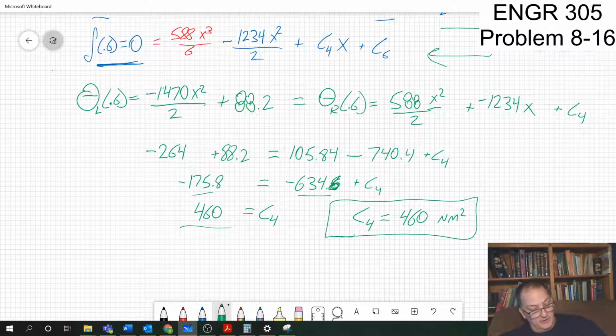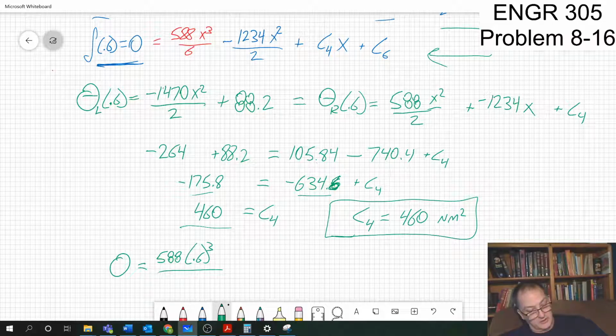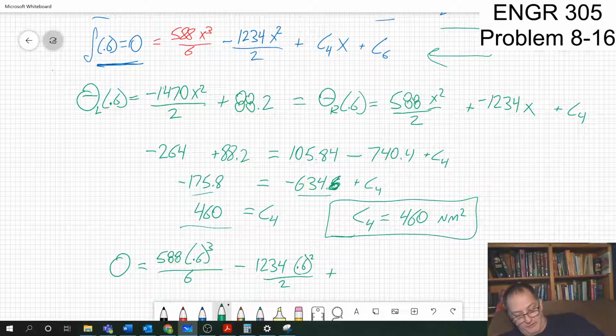I can write down the deflection at 0.6 is 0. 0 is equal to 588 times 0.6 cubed over 6 minus 1, 2, 3, 4, 0.6 squared over 2 plus C4, which is 460, times 0.6 plus C6.